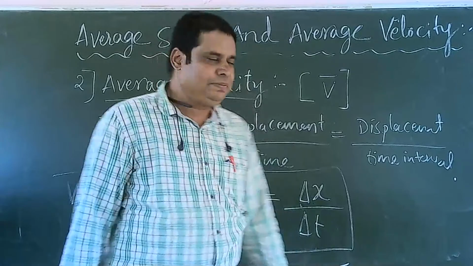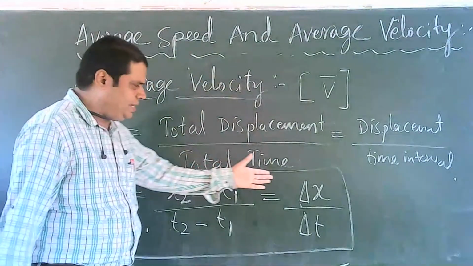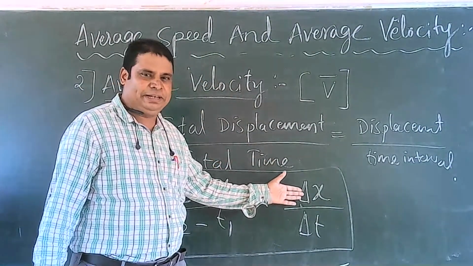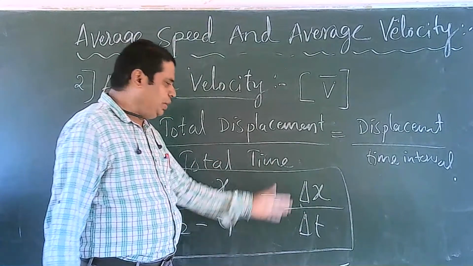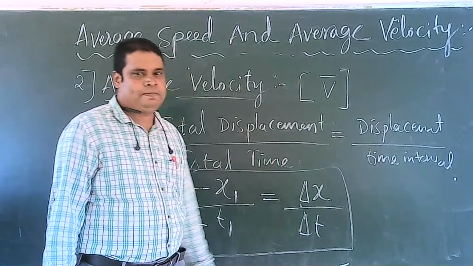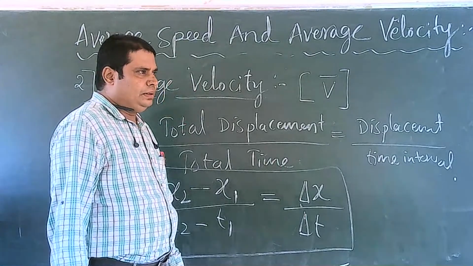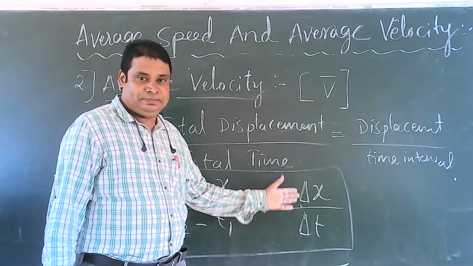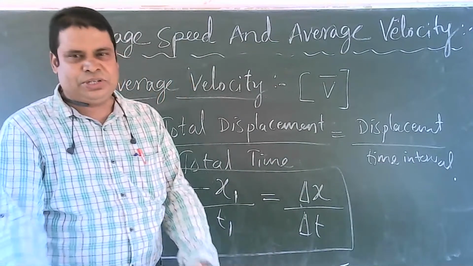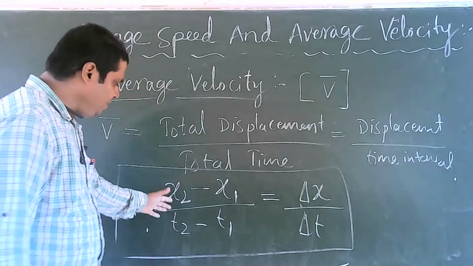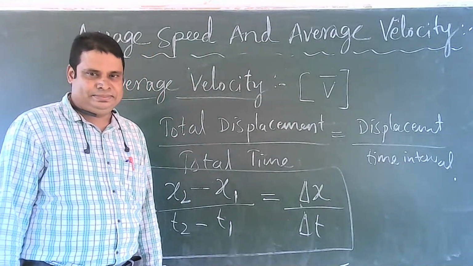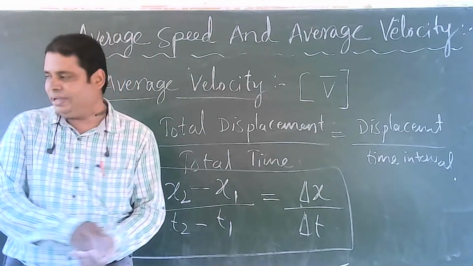It's the textbook definition. Sometimes people say rate of change of displacement with respect to time, or the ratio of displacement to time. Whatever definition you want, you can write, but this is the definition. Hope you understand.